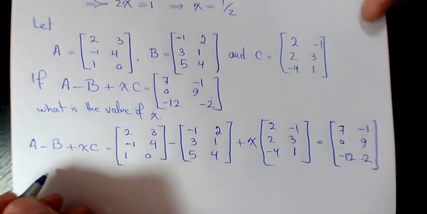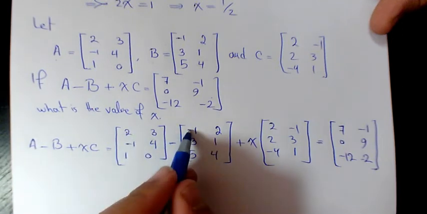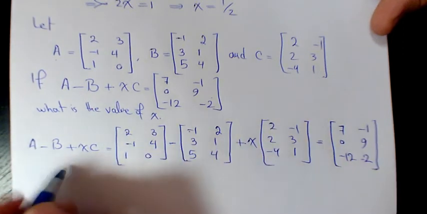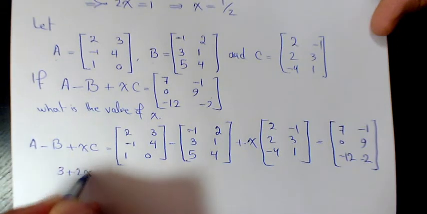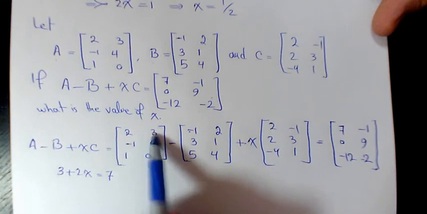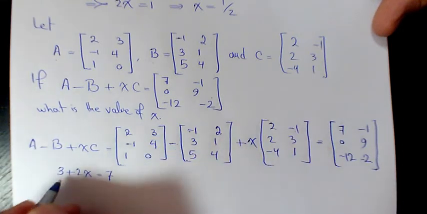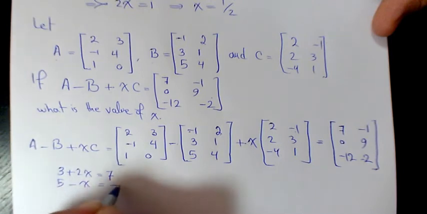That's going to give me 2 minus negative 1, which is 3, plus 2x, so 3 plus 2x equals 7. And I can say 3 minus 2 plus negative x, 5 minus x equals negative 1.